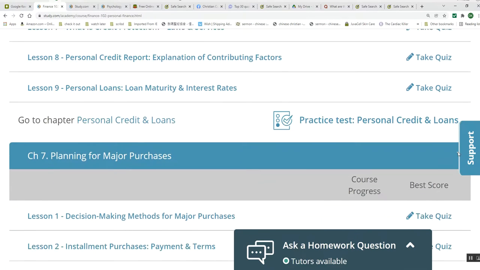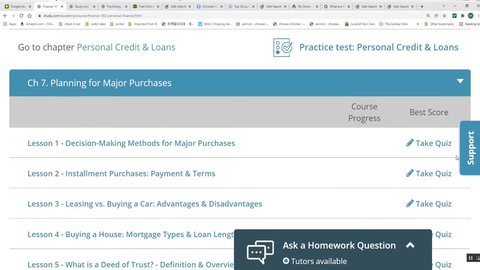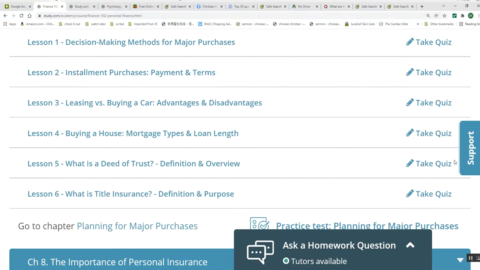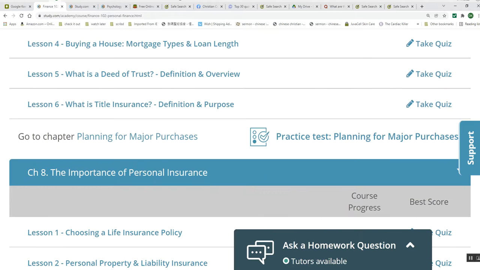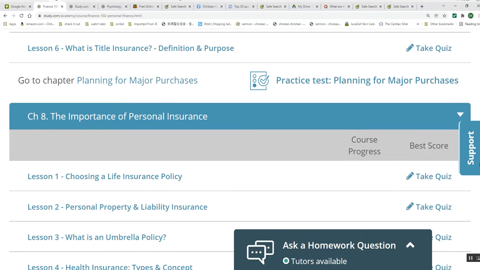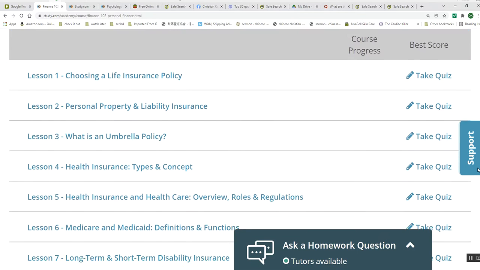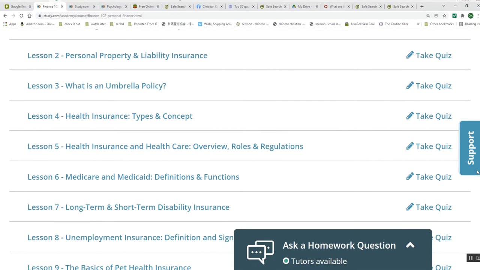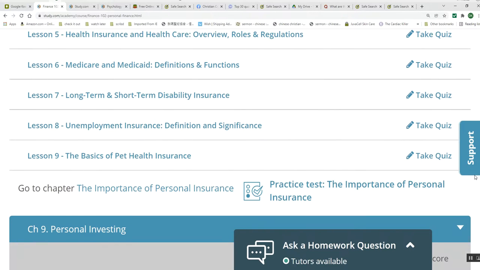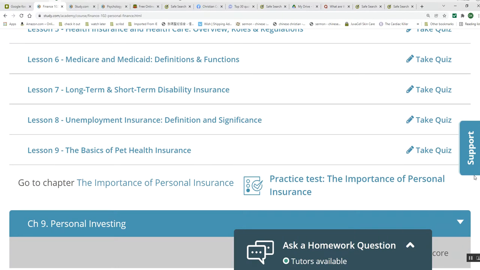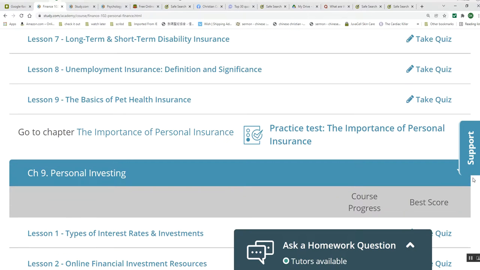Then chapter 7, planning for major purchases such as home and car, deed of trust, title, insurance. Chapter 8, the importance of personal insurance, about personal property and liability insurance, what an umbrella policy is, and so on. They even have the basics of pet health insurance for animals.